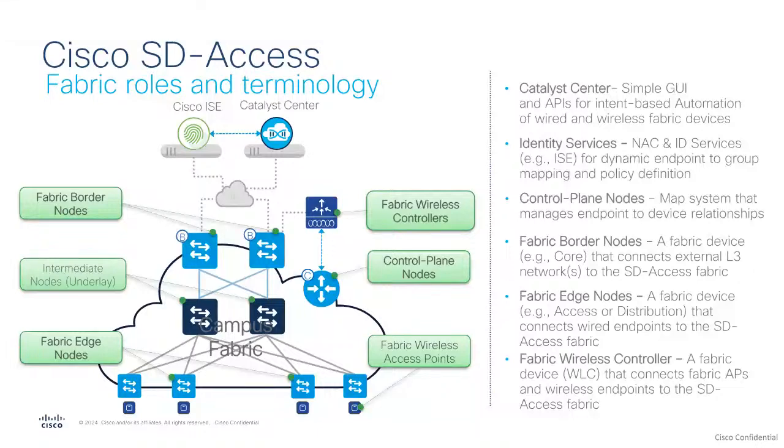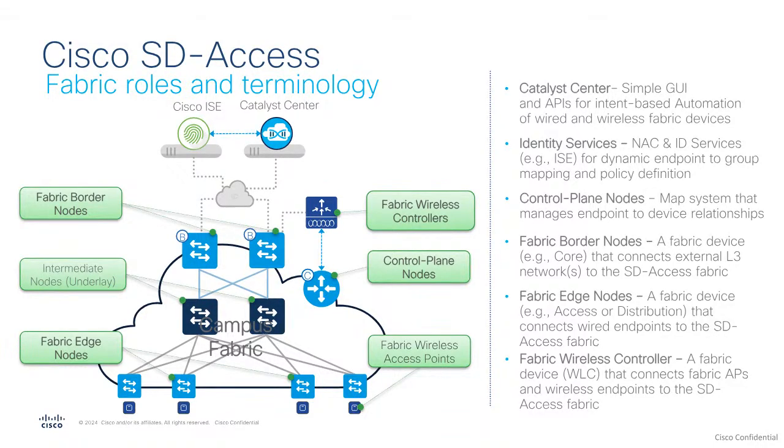The border node is the device which is physically connected to a transit or to a next hop device, which is connected to the outside world, which gives you connectivity to the unknown networks. Fabric wireless controller is a fabric device which connects fabric APs and wireless endpoints to the SD access fabric. And then at the top, we have two controllers, the Catalyst Center, which acts as a controller for SD access fabric, which provides simple GUI and APIs for the intent-based automation of wired and wireless fabric devices.